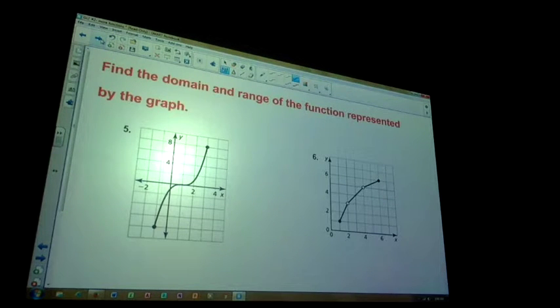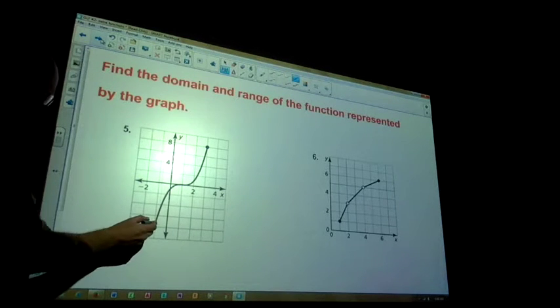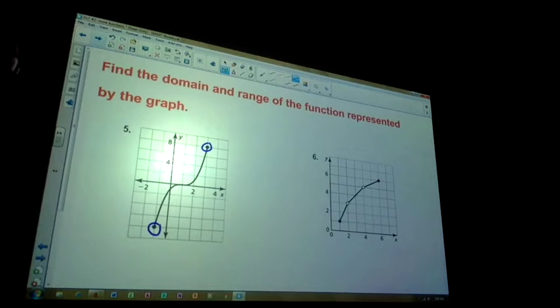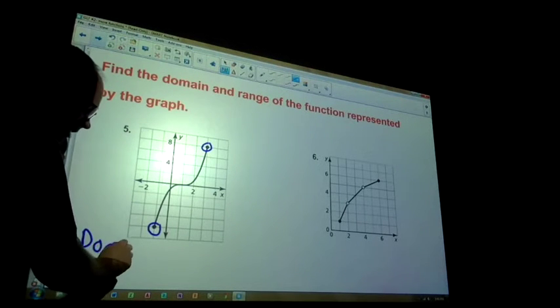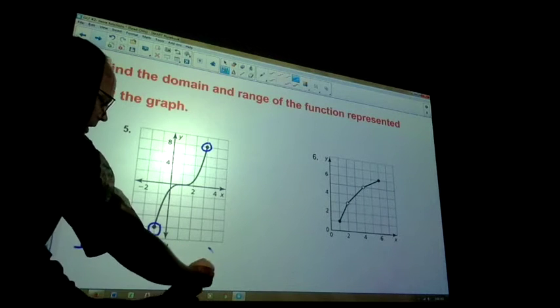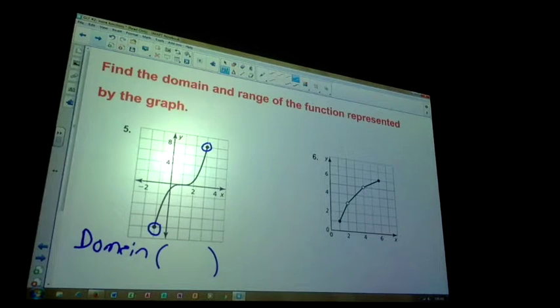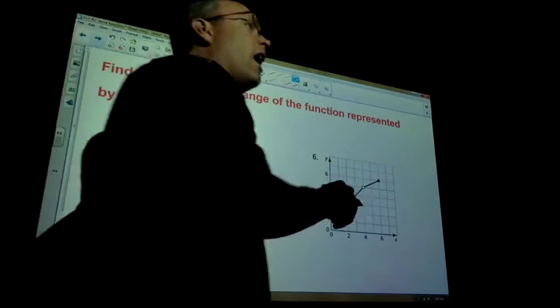Find the domain and range of the function represented. Okay? We have a dot here. We have a dot here. Agree? So my domain on this blue one represents x or y. X. So where does this graph start?